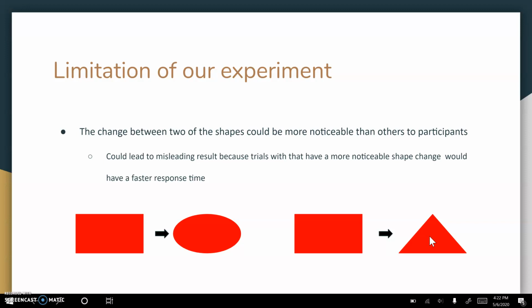That is something that should be looked into before anyone does an experiment similar to this or continues looking into this, just to make sure that there aren't any confounding variables.